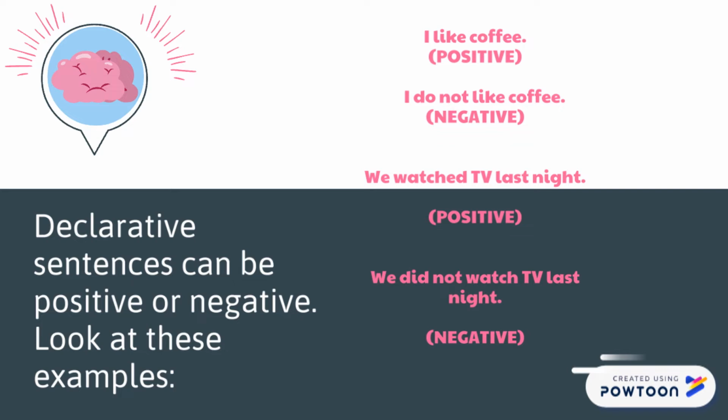Another example given here is: we watched TV last night for the positive one, and the example for the negative one is we did not watch TV last night. So, children, we come to this conclusion that declarative sentences can be positive or negative.